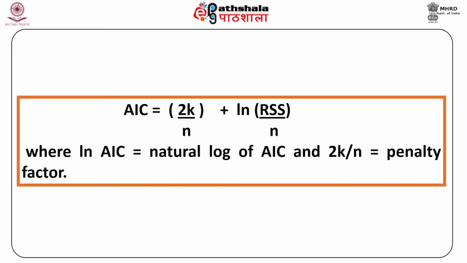For mathematical convenience, the AIC criterion can be rewritten as log AIC is equal to 2k divided by n plus log RSS divided by n, where log AIC is equal to the natural log of AIC and 2k by n is equal to the penalty factor.